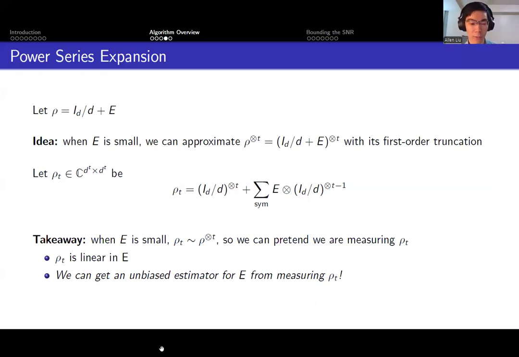In fact, if we were working with this linear approximation instead of the true state, we could get an unbiased estimator for e from measuring it. So the entire bias in our estimator comes from the error in this first order truncation, and once we make this truncation, we can get an unbiased estimator for rho.